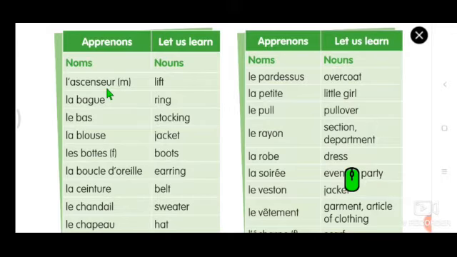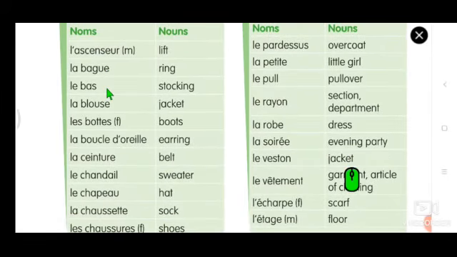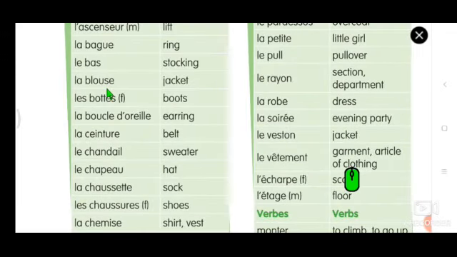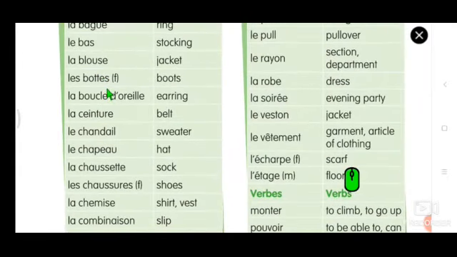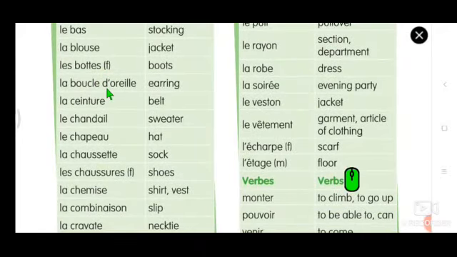L'ascenseur, la bogue, le bas, la blouse, les bottes, la boucle d'oreille.